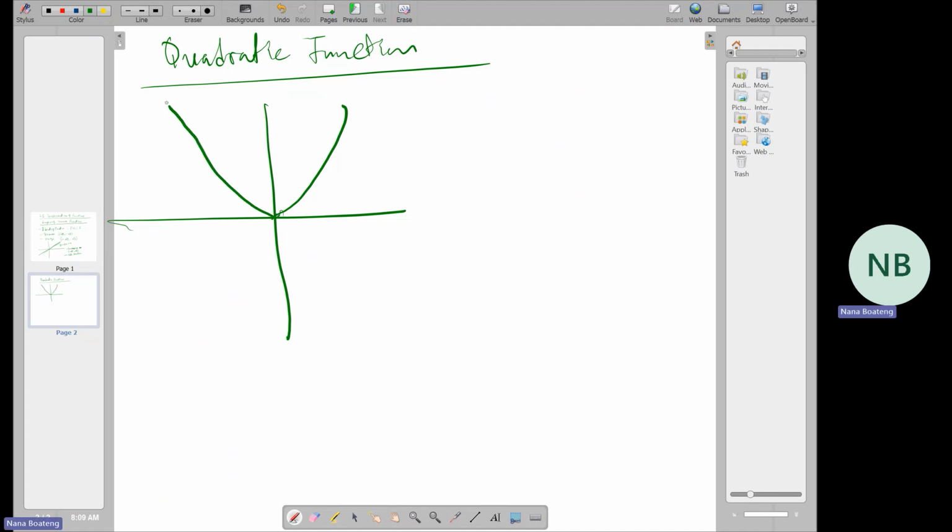The generic quadratic function has a domain over all real numbers, from minus infinity to infinity.